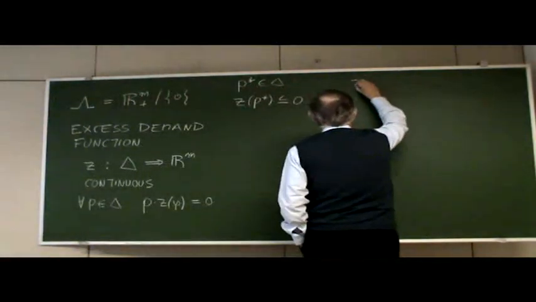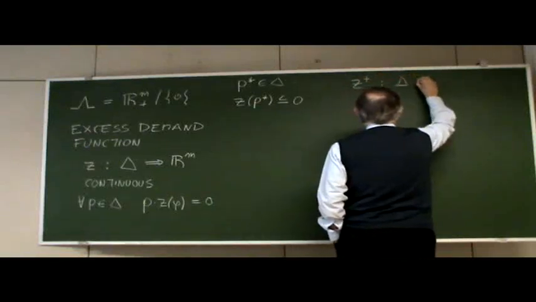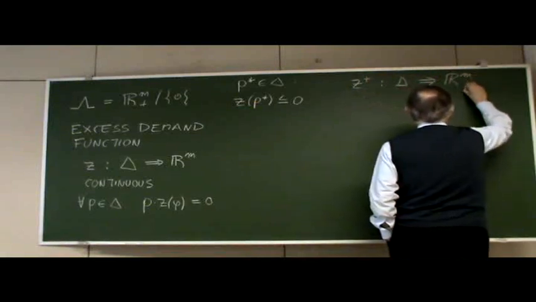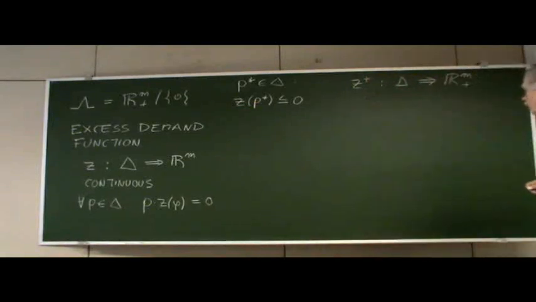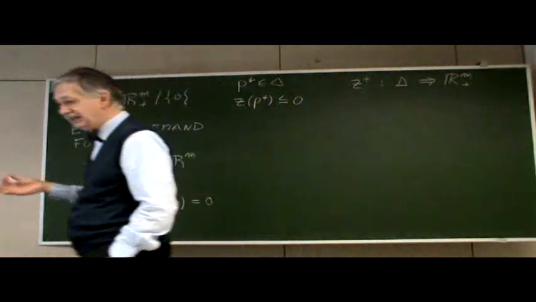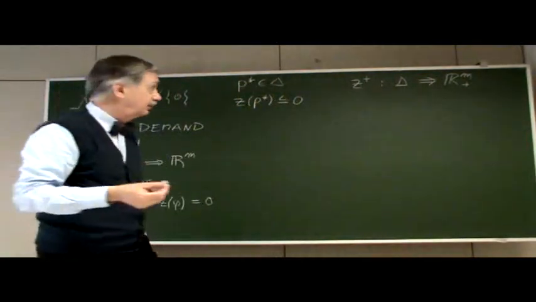The function z plus defined in delta, which takes values in the non-negative orthant. This is a function of a real, the actual excess of demand. In other terms, the non-negative excess of demand.